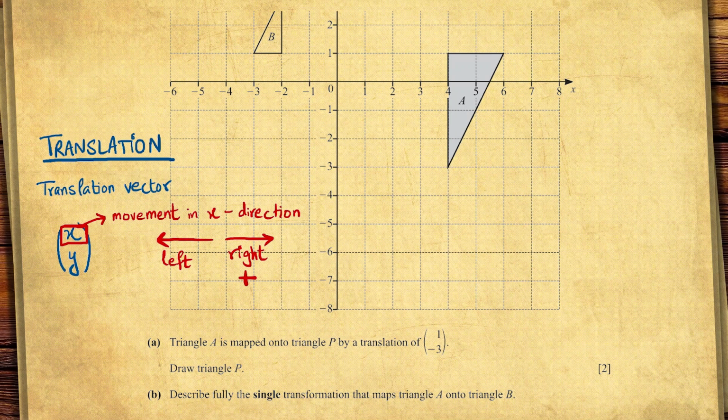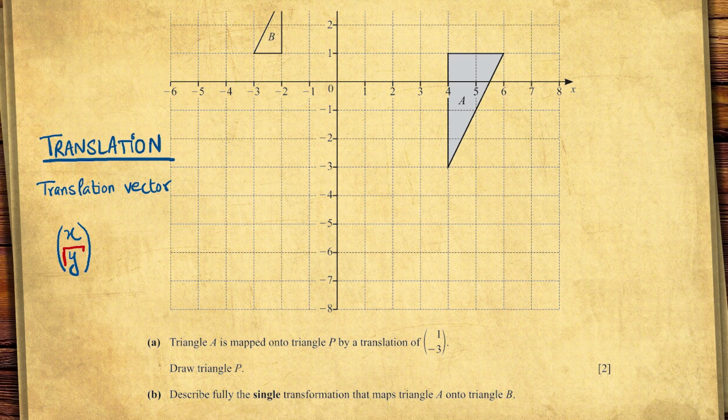Movement to the right is positive and movement to the left is negative. The x value in this translation vector is positive 1. The positive indicates that movement is to the right, and 1 indicates that movement is 1 unit to the right.